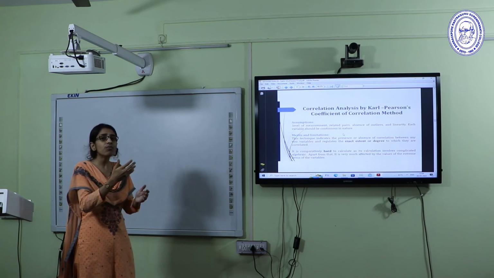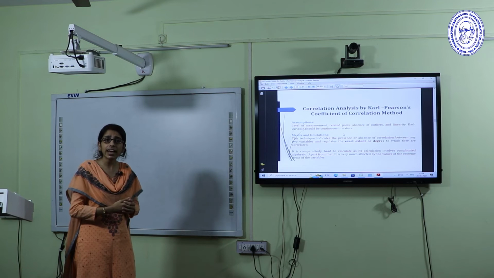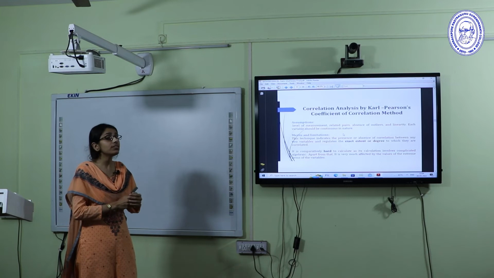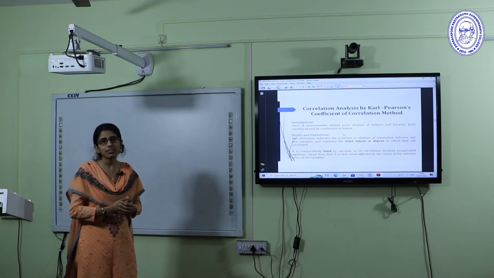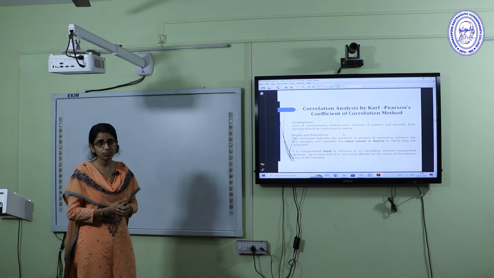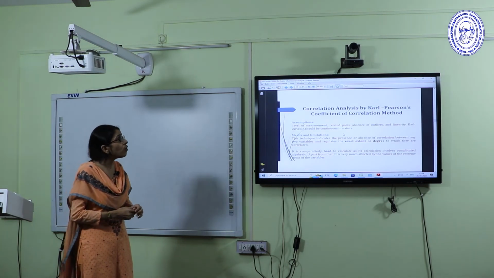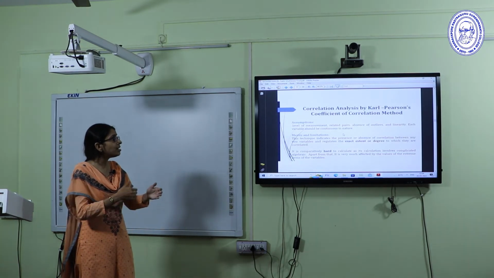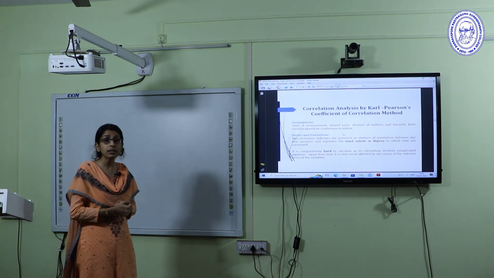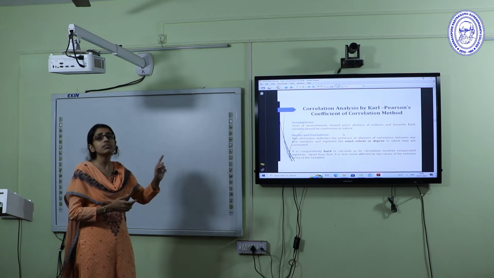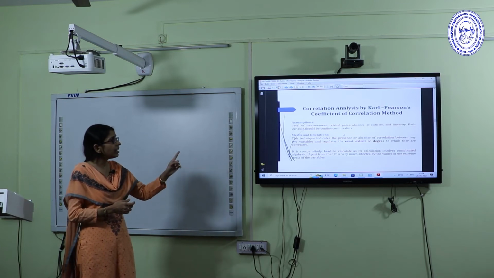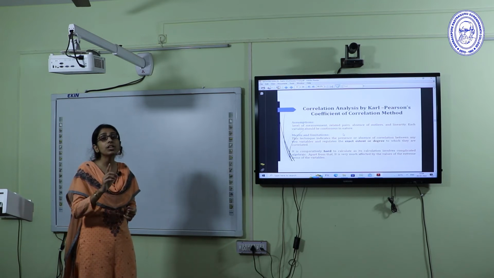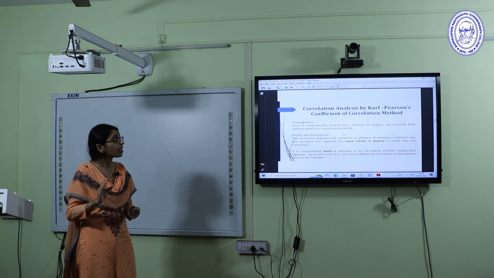When we perform any kind of statistical analysis with that data set, these outliers may influence the analysis. So if you want to use Karl Pearson's method to analyze correlation between variables, an important assumption is that there must be no outliers.